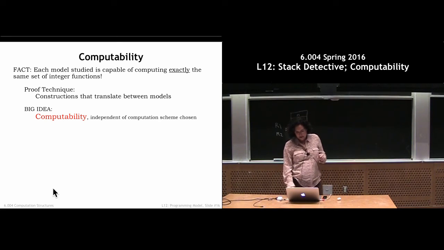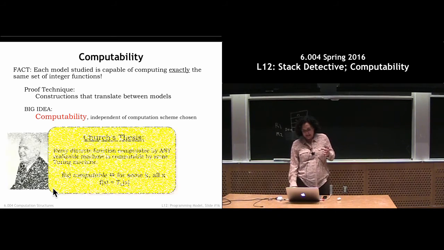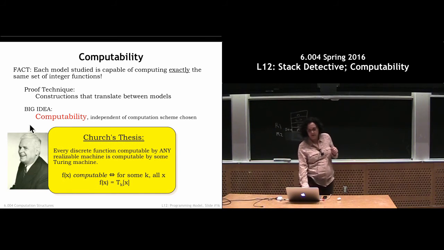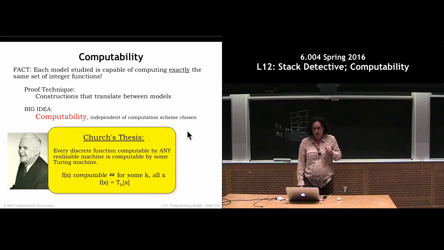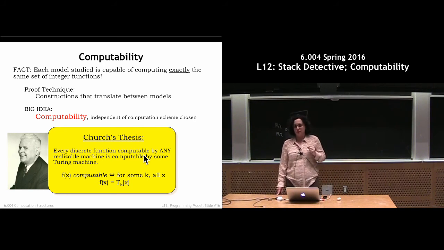Okay, so the first thing that they identified is that computability is independent of which scheme you're choosing for modeling computation. And what this led to is Church's thesis, which basically says that every discrete function that is computable by any realizable machine is computable by some Turing machine.